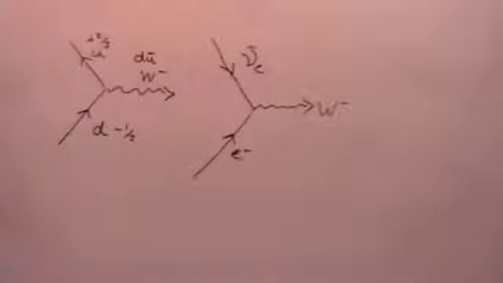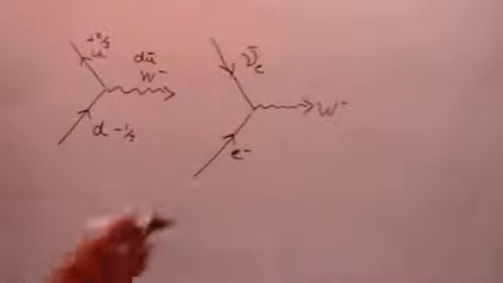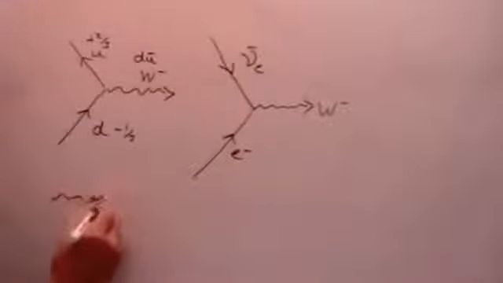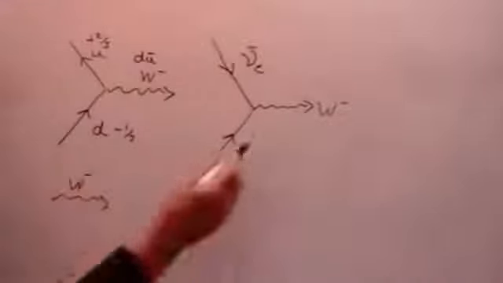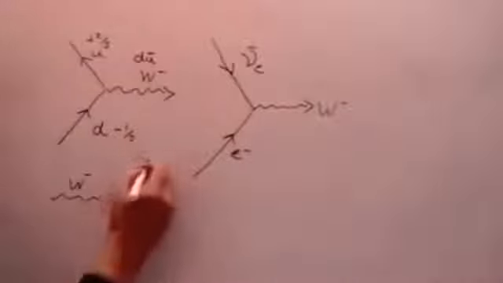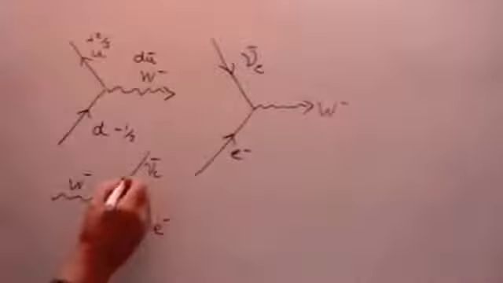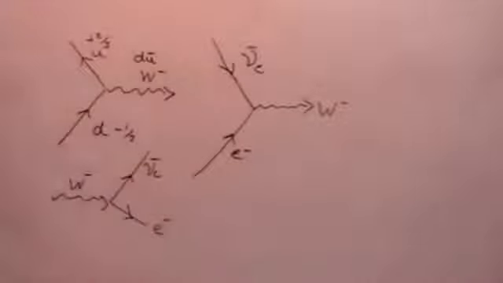So that's perfectly possible. Or I could redraw this diagram the other way round. I could have a W minus coming in and becoming an anti-electron neutrino and an electron. All right, it works both ways.